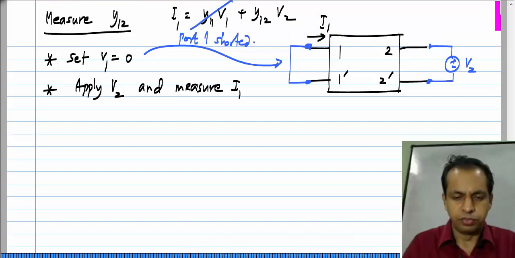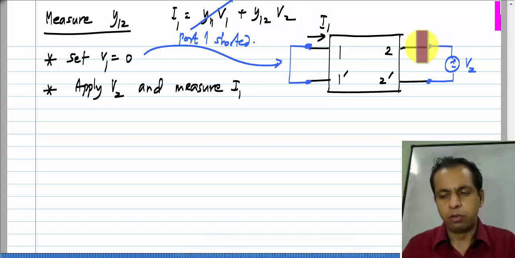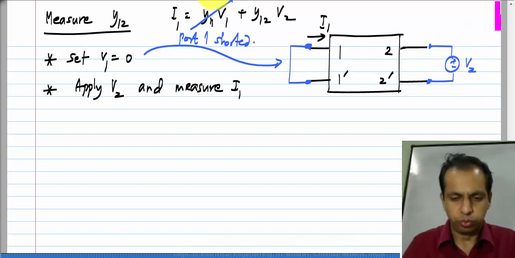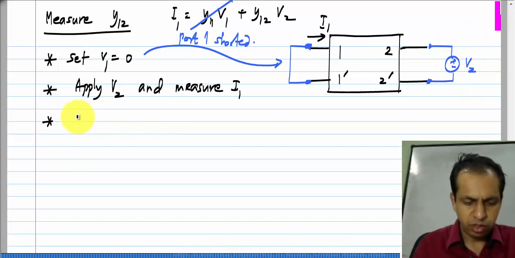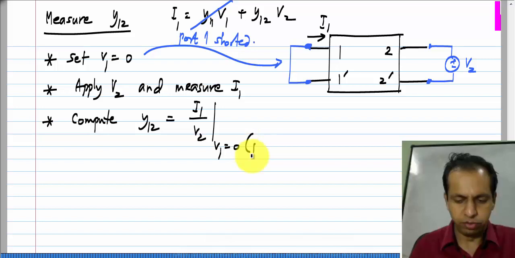That is, we measure the current in port 1 while applying a voltage to port 2. And you can compute y12 as I1 by V2 with V1 set to 0, which means port 1 shorted.